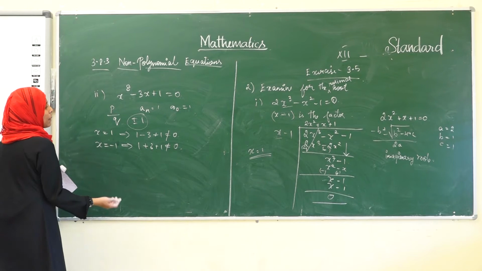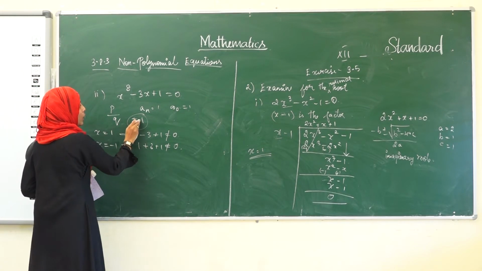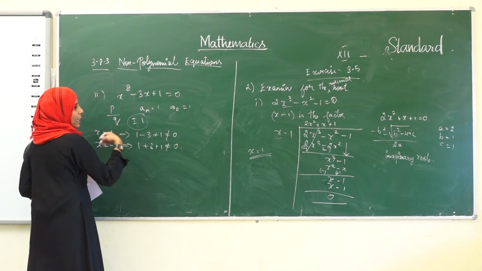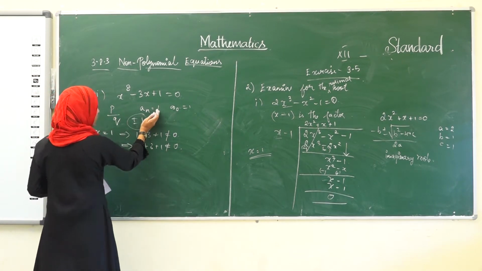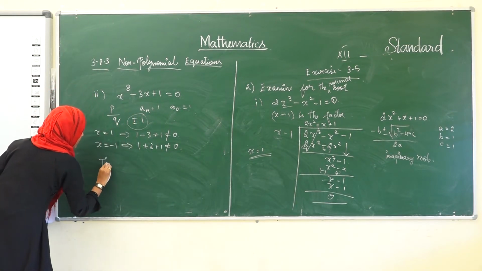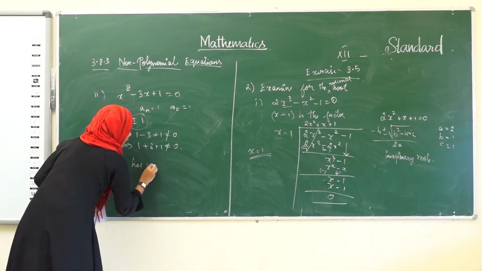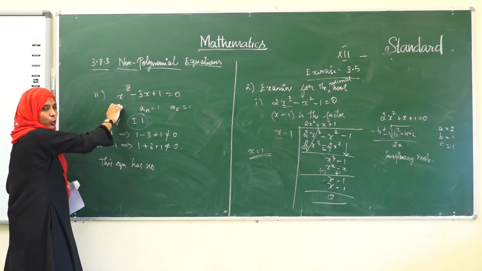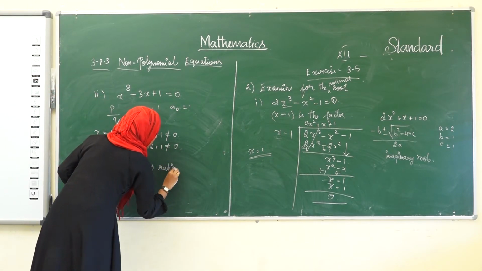Since the only possible rational roots are plus or minus 1, but when substituting these two values in the equation, we don't get 0. Therefore, these two numbers are not the roots of this equation. Therefore, this equation has no rational roots. This equation has 8 roots, but it doesn't have rational roots.